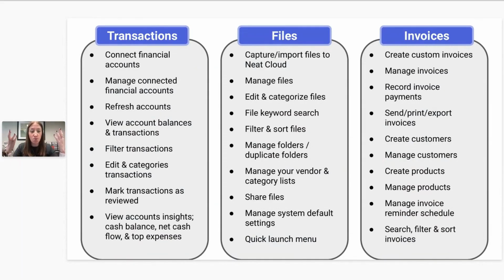You're able to do most things to be able to manage your Neat account via the Neat mobile application. In today's webinar, we're going to focus on that middle column, the files features. As you can see, there's lots of stuff to go through, and it is by far our most requested mobile app feature webinar. So we wanted to make sure we spent enough time going over all of our files features.